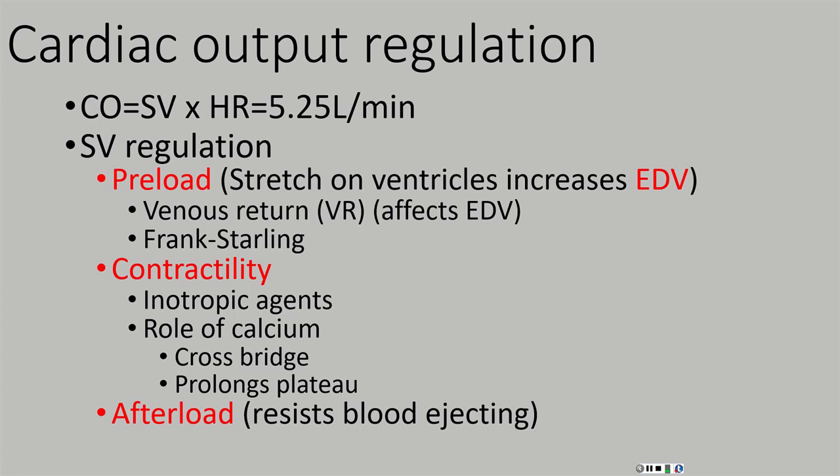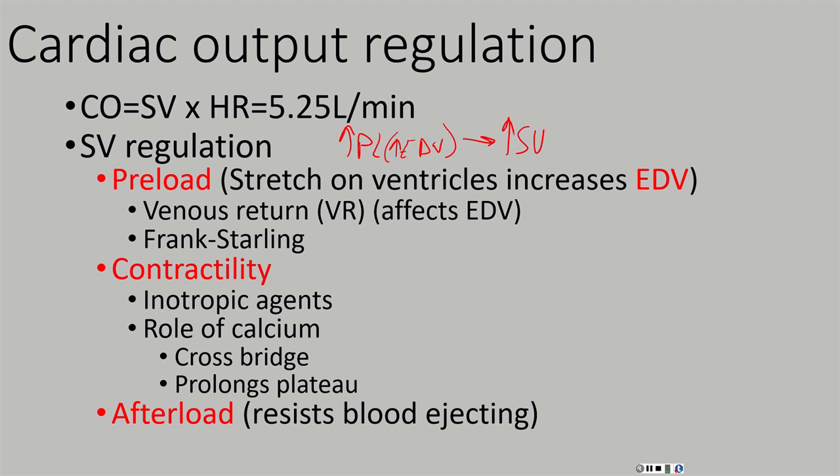So let's think about what that means. If preload, I'll just abbreviate that PL, if preload goes up, which really means EDV went up, then the heart is going to contract harder. If the heart contracts harder, what happens?